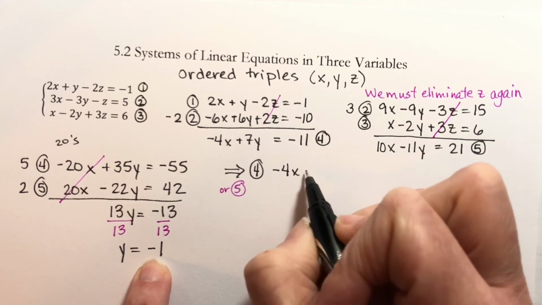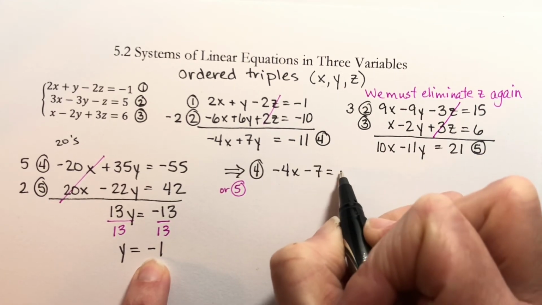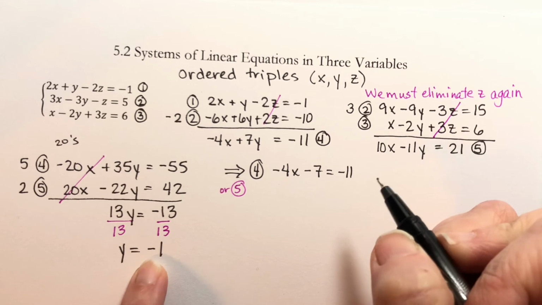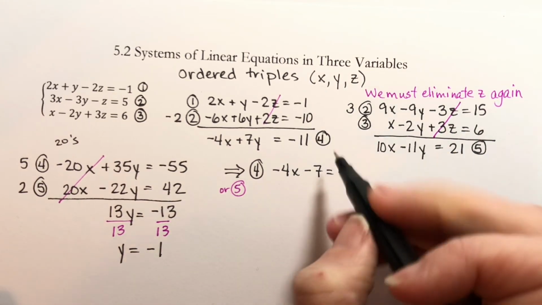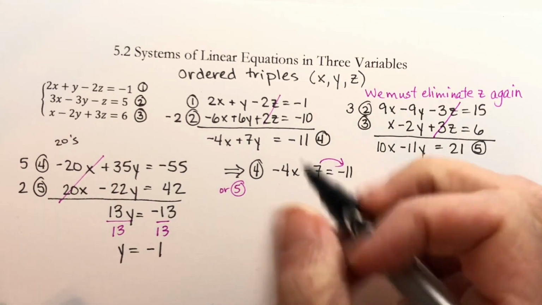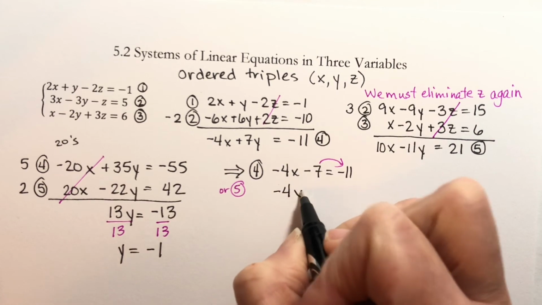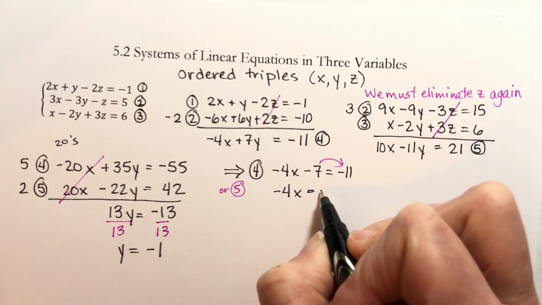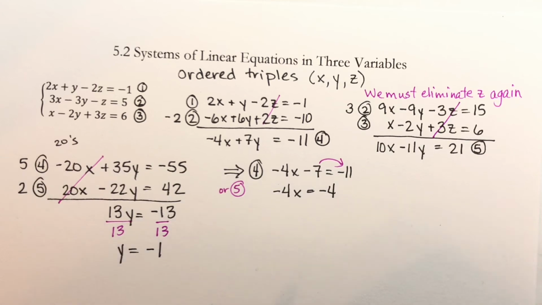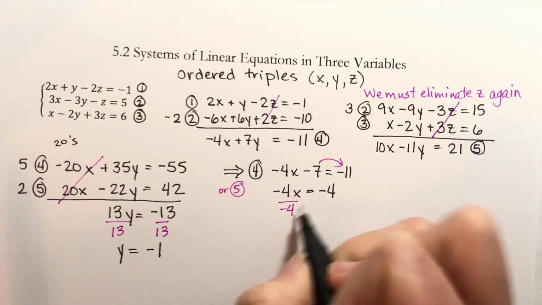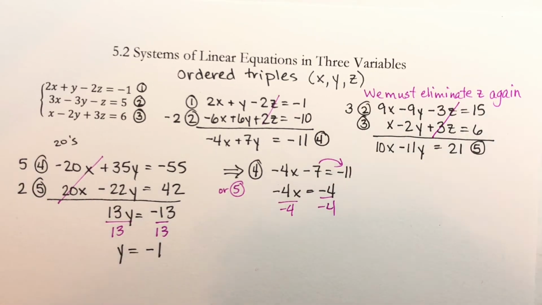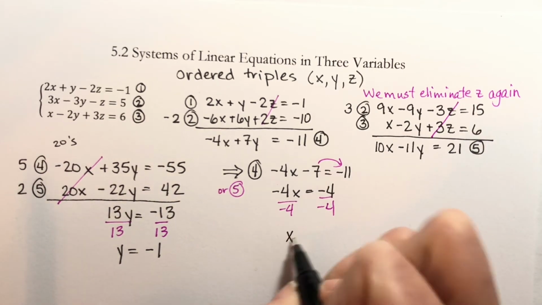That's going to be -7 is equal to -11. So add 7 to both sides. -4x is equal to -4. Dividing both sides by a -4, you get that your x value must equal 1.